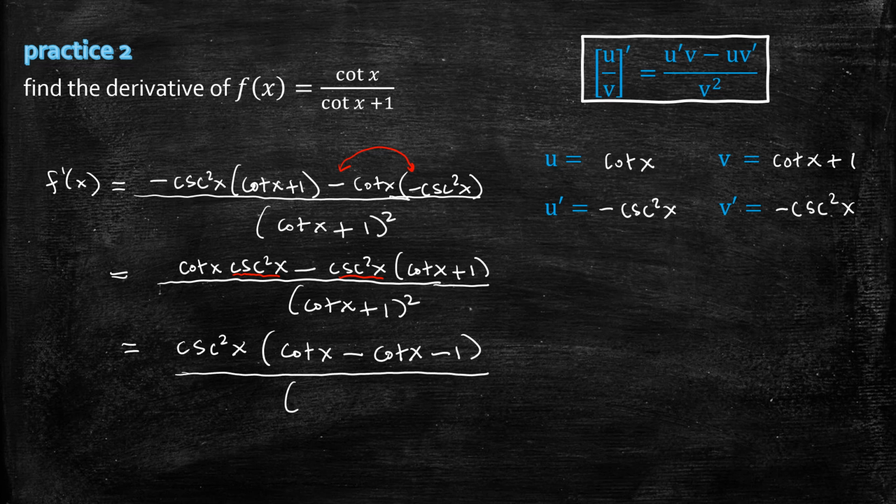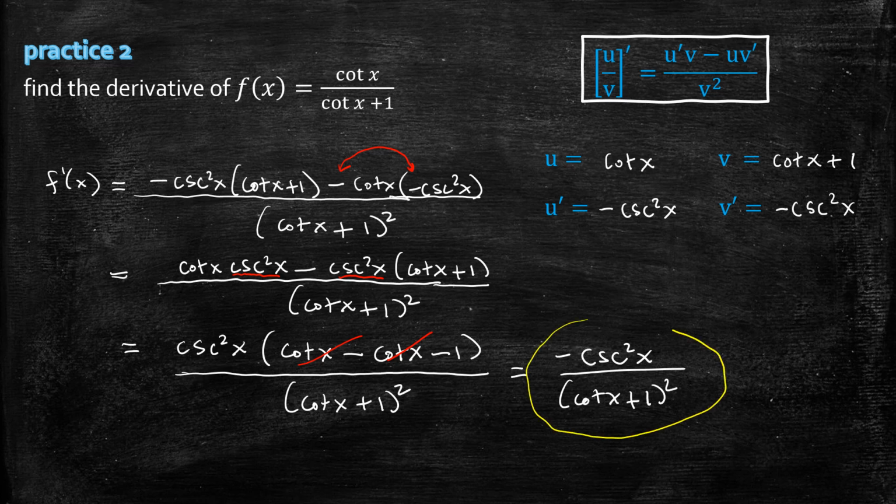And that's all over cotangent x plus 1 squared. And then conveniently, these cancel, and we are left with negative cosecant squared x over cotangent x plus 1 squared. So hopefully by doing some more of these, you get to familiarize yourself with memorizing the derivatives of the different trig functions.